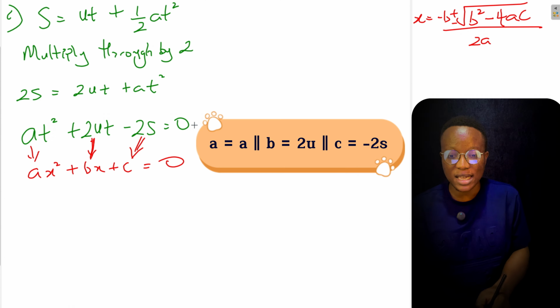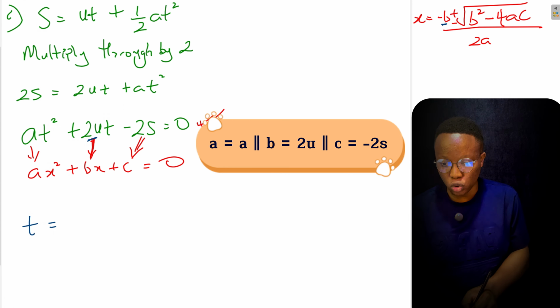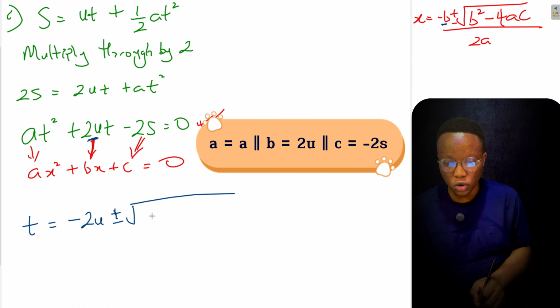So to isolate t in this equation, b here is 2u. So we can say negative 2u plus or minus the square root of 2u all squared. Remember, b is 2u here.